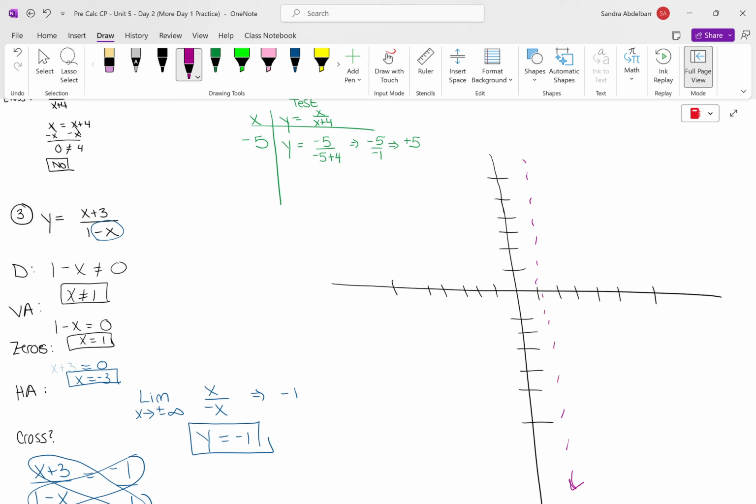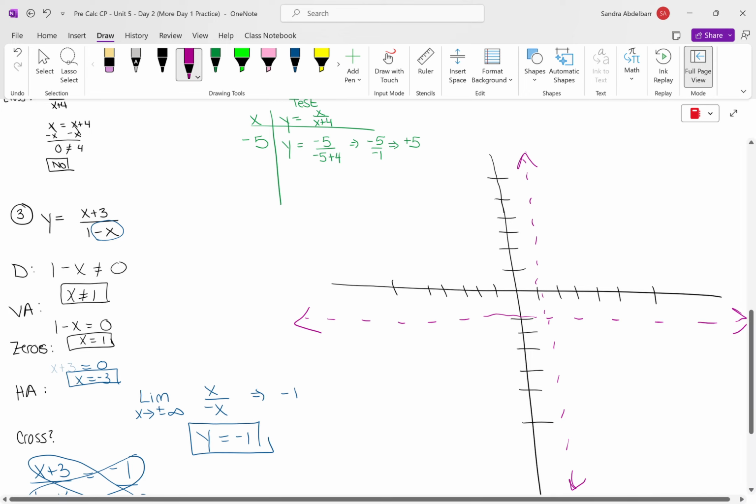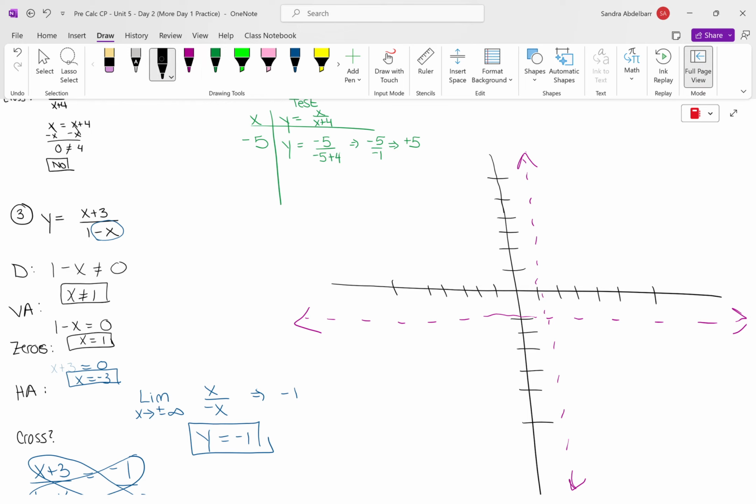Okay, so now we have a vertical asymptote at x equals 1. And we have a horizontal asymptote at y equals negative 1. We do have a 0 at x equals 1. Oh, that's wrong.